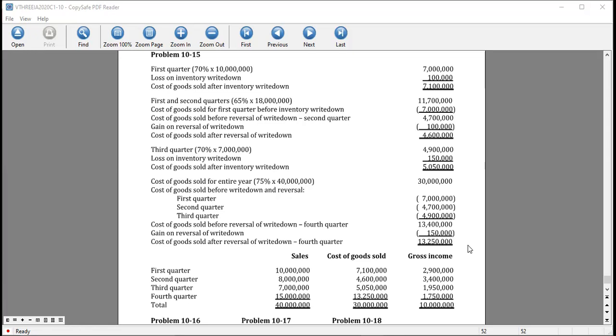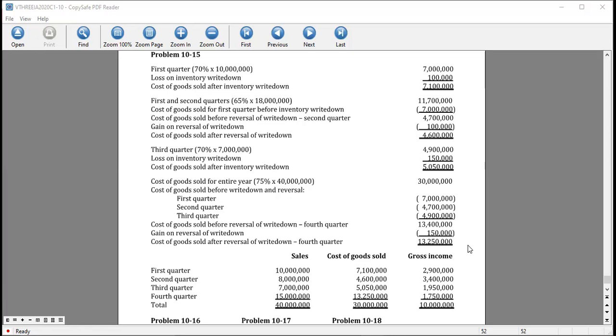For the fourth quarter, we have the gain on reversal. First quarter, 7 million. Second quarter, 4.7 million as computed above. Third quarter, 4.9 million, again as computed. So we have 13.4 million before reversal of write down.